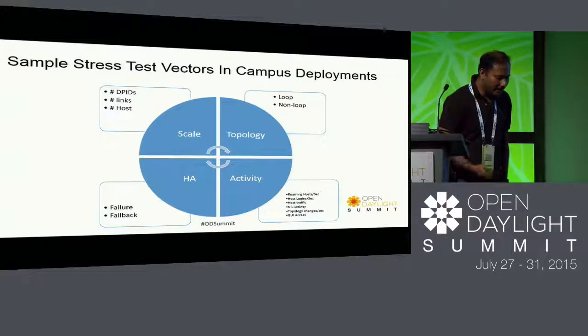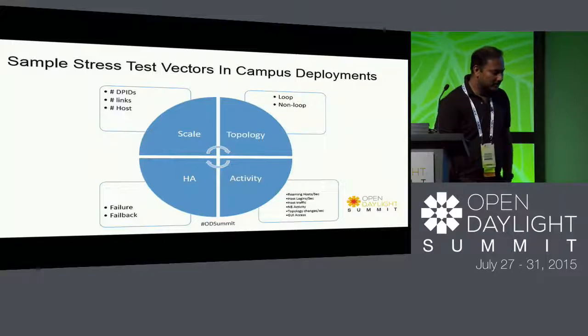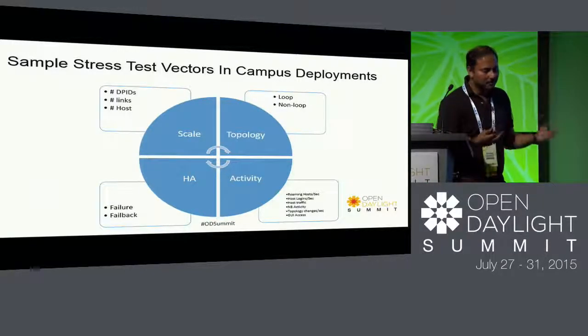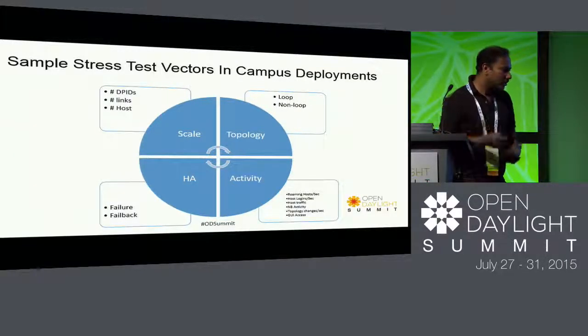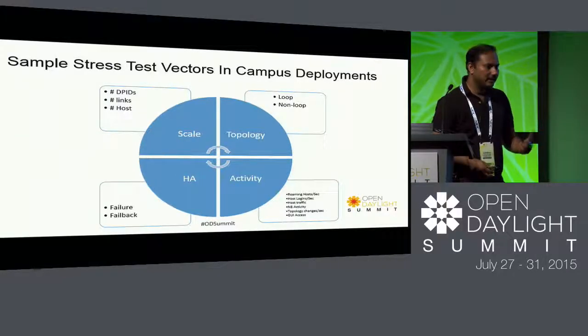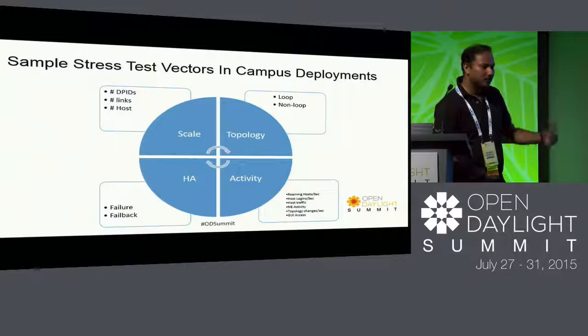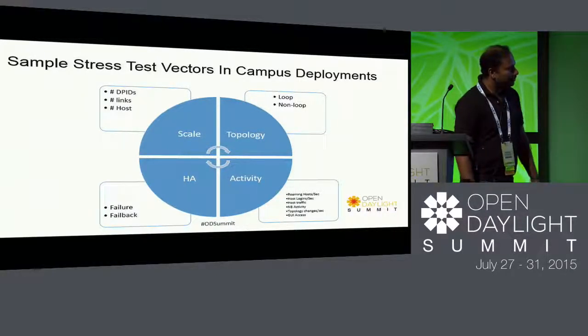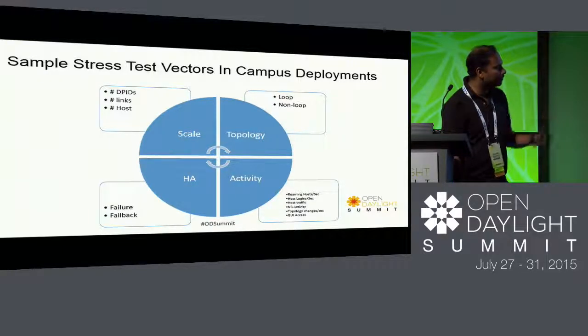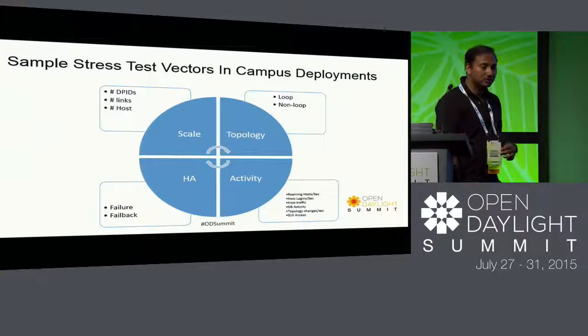It could be like there is a campus, there's an examination, and there are a lot of guys joining the exam at 9 o'clock in the morning, and the rate at which the hosts can be connected to the controller should be tested at that kind of load. Then how much host traffic the system can handle.